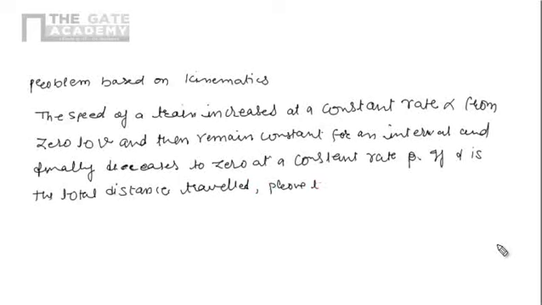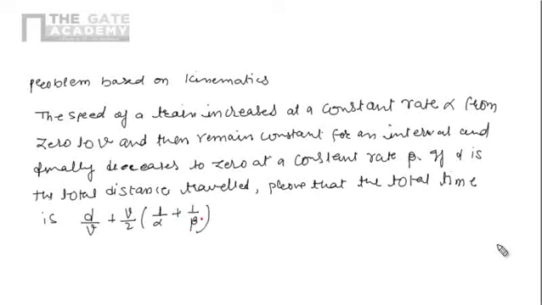Then prove that the total time is d by v plus v by 2 times 1 by alpha plus 1 by beta. So in this problem, the speed of the train increasing at a constant rate alpha means alpha is nothing but the acceleration.